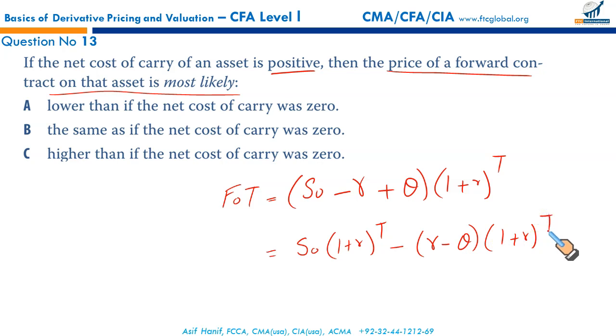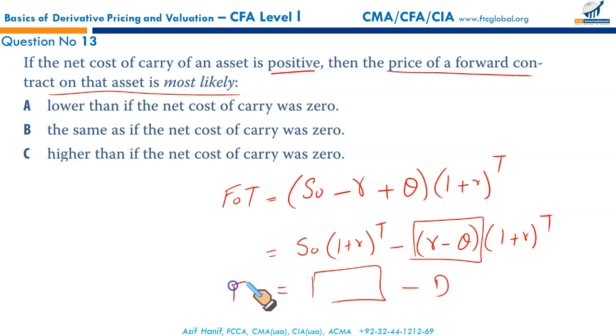Now, if the net cost of carrying an asset is positive, which means this factor is positive, meaning benefits less cost, there are more benefits, less cost. So in that case, this factor would be deducted. It's a deduction from this factor, right? Compare this with a net cost of carrying 0.